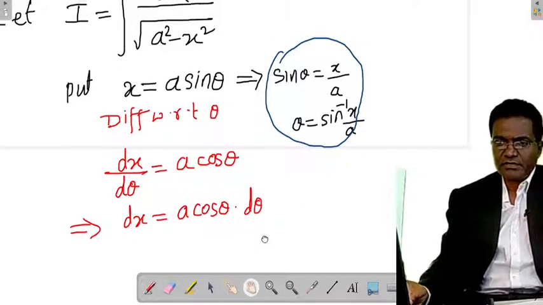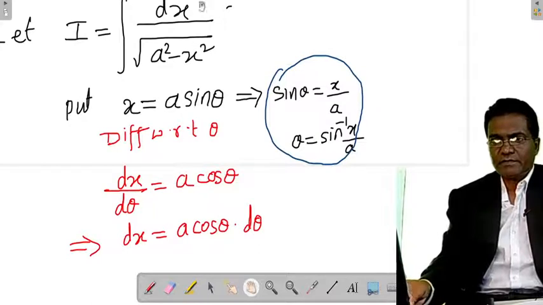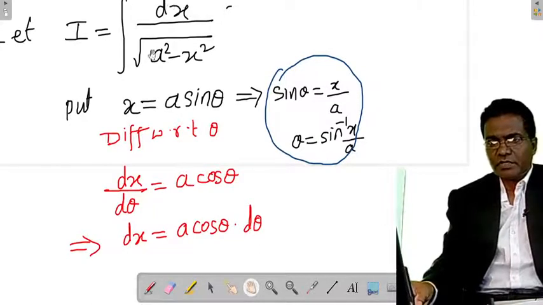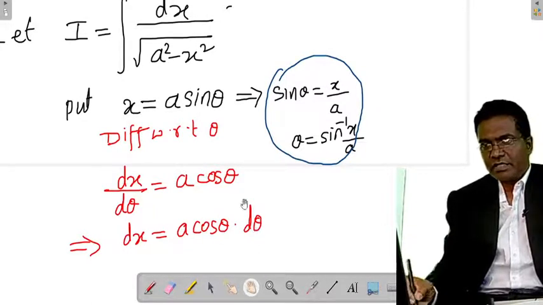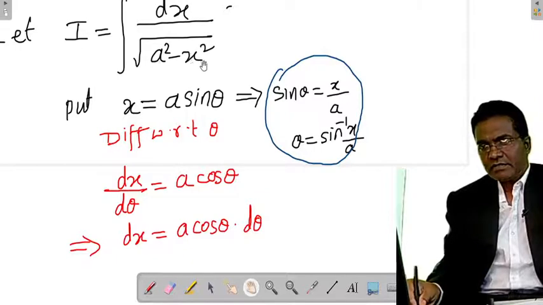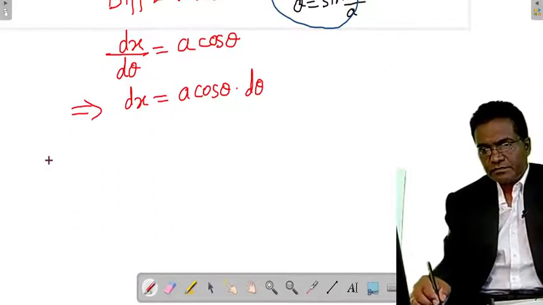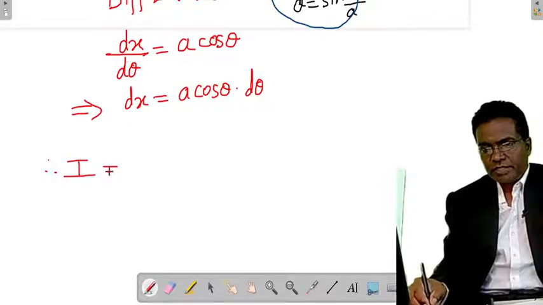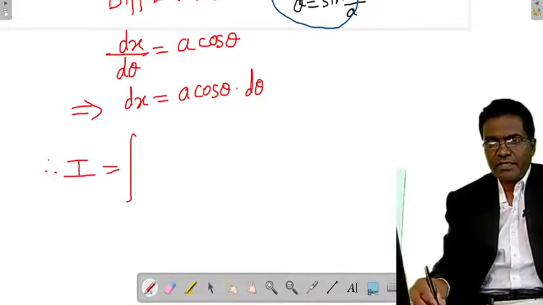Now see here what it becomes. In this you have to substitute dx means a cos theta d theta. A square minus x square means square of this.